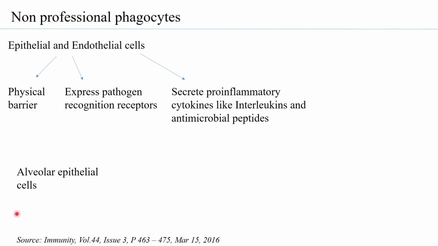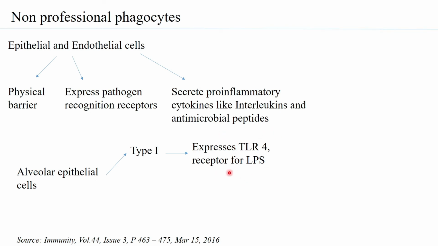Now let us take the example of alveolar epithelial cells of the lungs. So there are two types of alveolar epithelial cells. Type 1, which comprise 95% of the epithelial cells, and these type 1 express on their surface toll-like receptor 4, which is nothing but a PRR, that is pathogen recognition receptor. And this pathogen recognition receptor is specifically able to recognize and attach to lipopolysaccharides that can be present in bacteria.